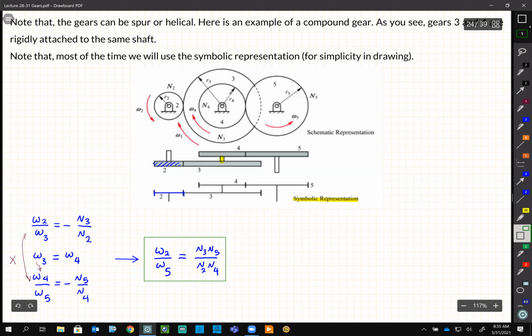And when I get from 4 to 5, it's going to be counterclockwise. Yeah, we start from counterclockwise and we get to counterclockwise, right? And look at the formula. This time, no redundancy. We use all the gears, 2, 3, 4, and 5. Unlike simple gears, all the numbers are here now.